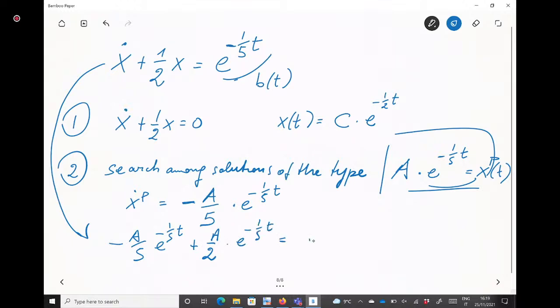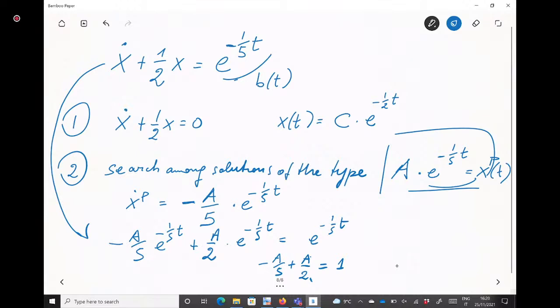This must be equal to exponential of minus 1 over 5t. And this is even easier than the previous case: minus A over 5 plus A over 2 must be equal to 1, because there is a common factor, the same that you have on the right. Only in this case does the left-hand side perfectly match the right-hand side.